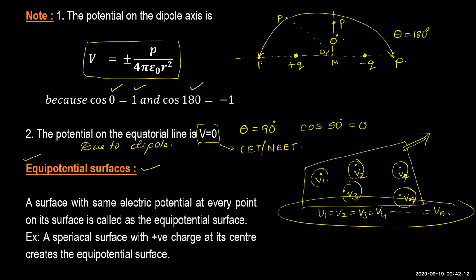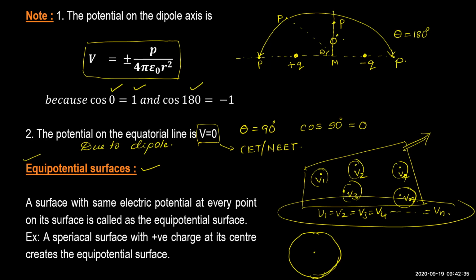Very simple, right? If the potential at different points on a surface is equal, then such a surface is called the equipotential surface. The best example for an equipotential surface is the surface of the sphere.